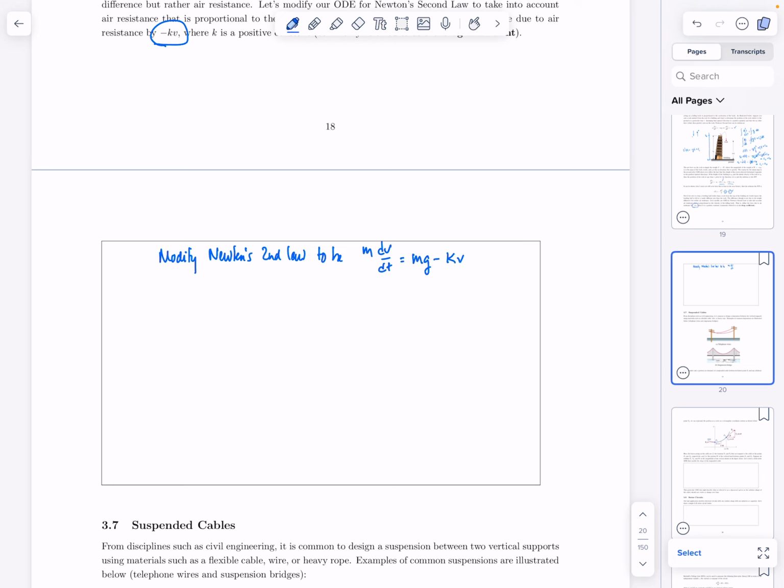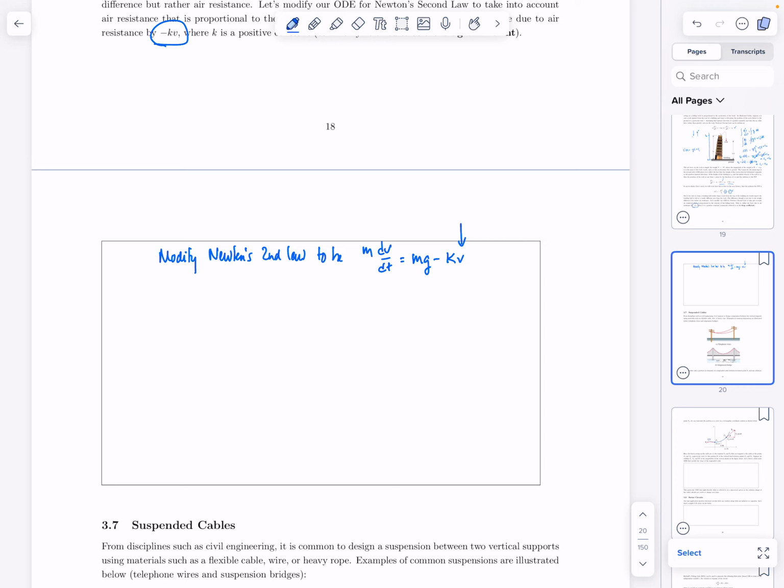And that's why we represented the left-hand side in terms of the derivative of v, because the air resistance is given in terms of velocity. So here we have a differential equation in the dependent variable velocity. But we really are interested in knowing what the position of the rock is.